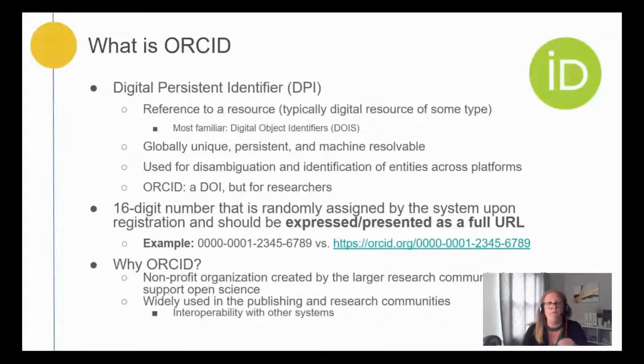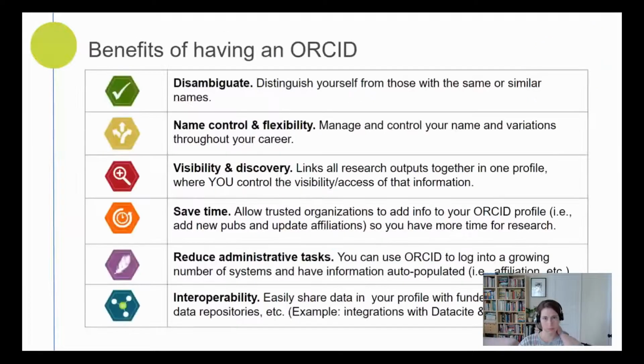It's one of the few DPIs for people that is widely used in the publishing industry and all research communities, and there's a wide variety of interoperability. That's why we're focusing on ORCID, but it doesn't necessarily have to be ORCID. A lot of the things that we're going to discuss apply to other digital persistent identifiers for people as well. Next slide, Sarah.